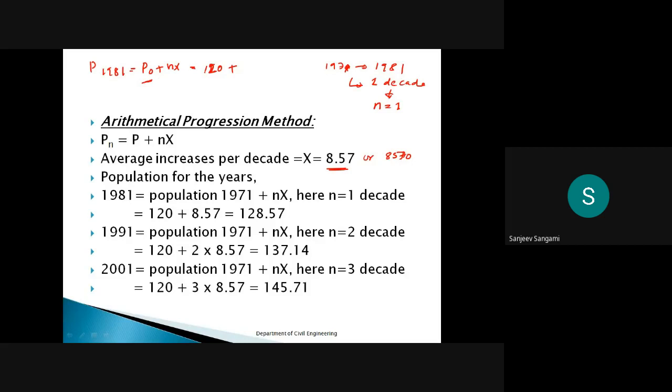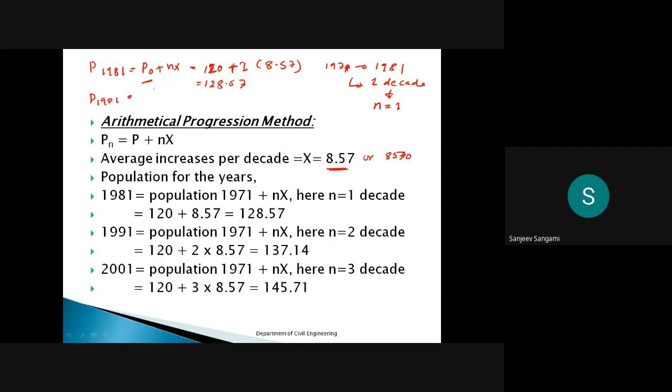Then X bar, that you can calculate, that is 8.57. So then total you will get the population that is equal to 128.57.